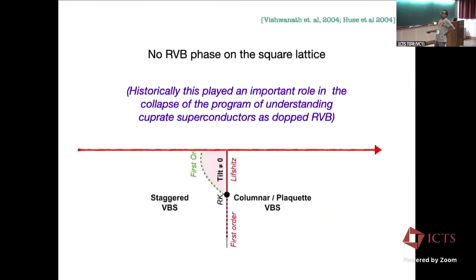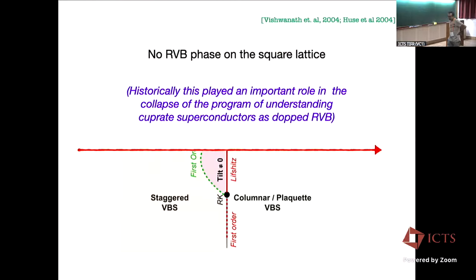So this was again investigated, extended in various directions, and what people found is that generically the valence bond solid ordered phases change from the staggered or the columnar that I just mentioned to various other kinds of solid phases, but the resonating valence bond liquid realized at the Rokhsar-Kivelson point never becomes a phase.